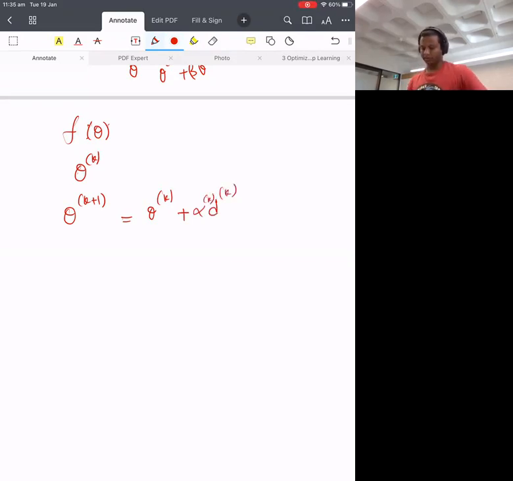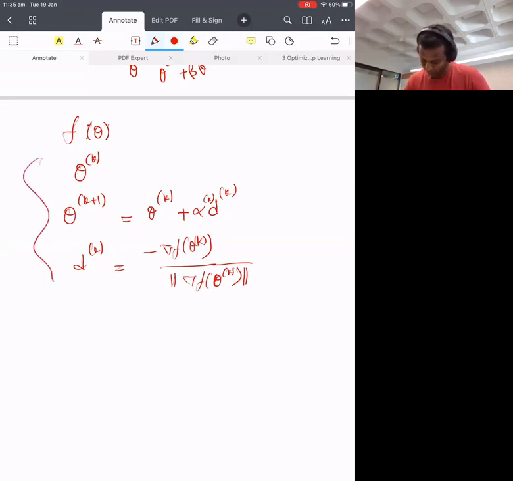How did we compute the direction in a descent direction method? This is minus gradient f of theta k, normalized. That is the way we defined gradient descent.